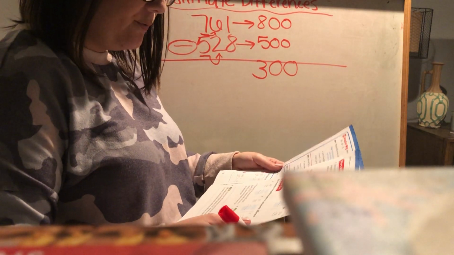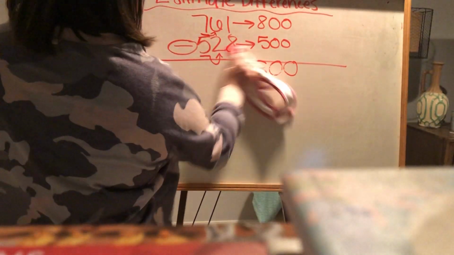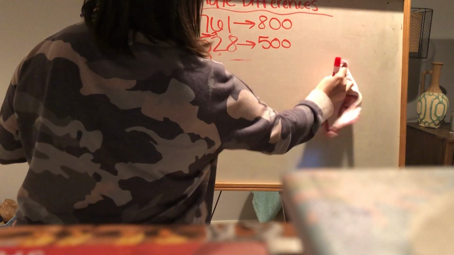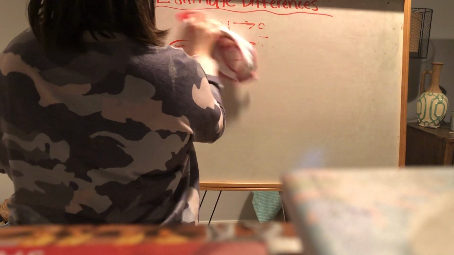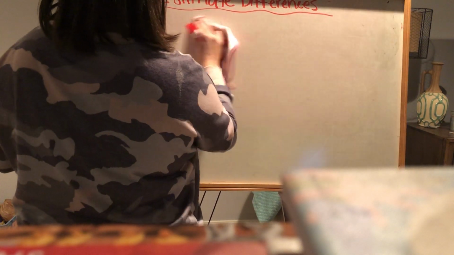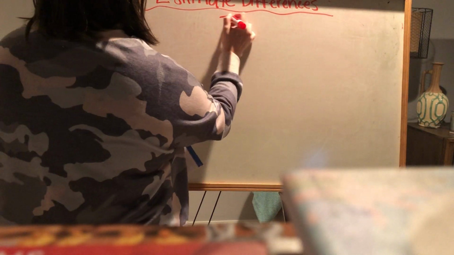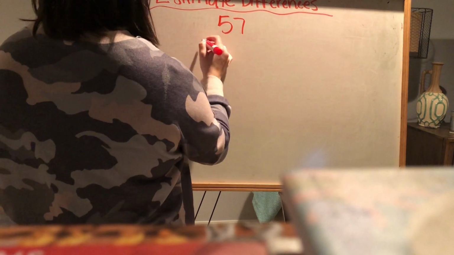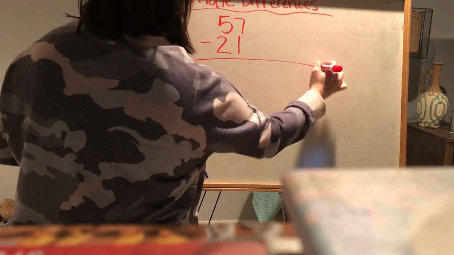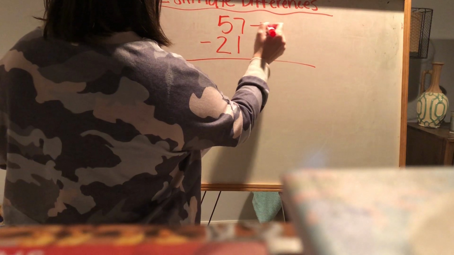Let me see if we can do a couple more. I'm looking at some of the questions that you had on your worksheets. That way I try to give an example of all of them. Okay, so let's do 57 minus 21. Now, again, let's go ahead and estimate.